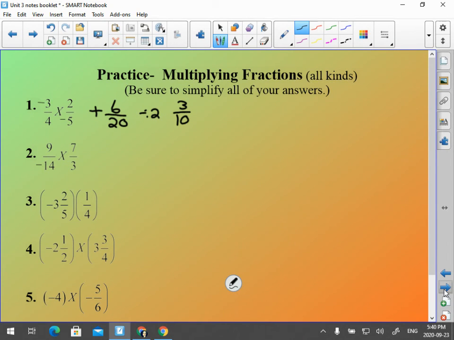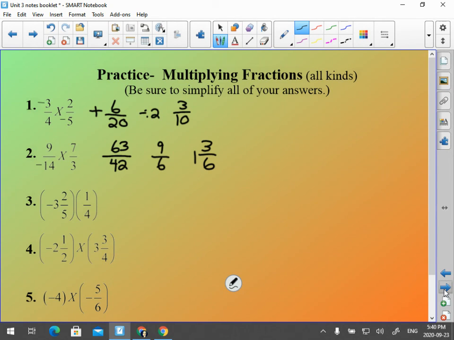Okay, for the second one, again, it was the same steps. When we multiplied this, it gave us 63 out of 42. Okay, we simplified it by dividing it by 7, which gave us 9 out of 6. And then we simplified that by saying 6 goes into 9 one time, left with 1 and 3 out of 6.